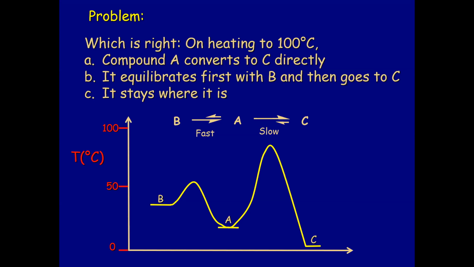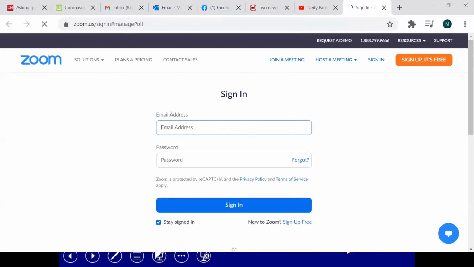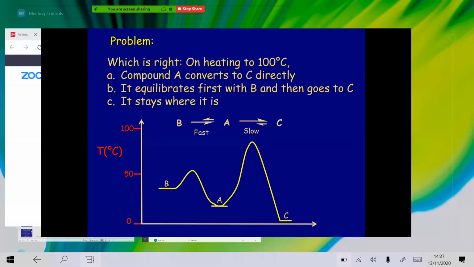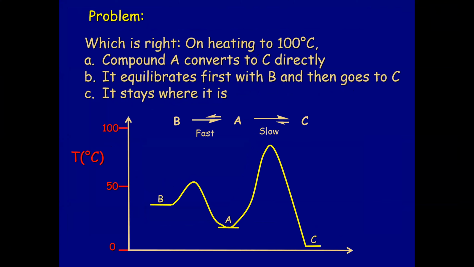In the classroom, it is 66% who think it's A. So, everyone agrees it's not C. And this is what you have to do in a multiple choice question.